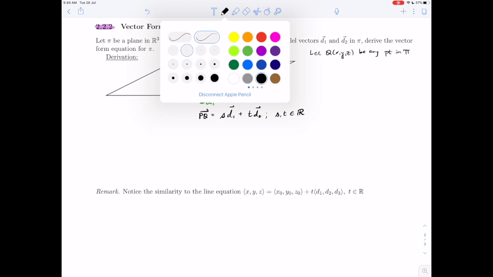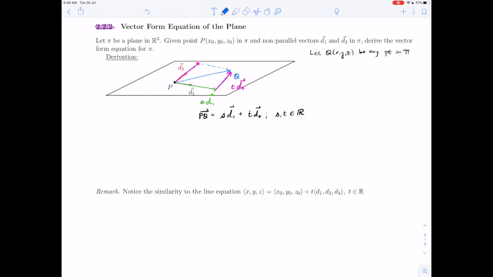Now, remember, this is just a sketch, but we do have an origin somewhere, so let me just add it here, reminding ourselves that P and Q have positions. PQ is OQ minus OP, and that obviously is still s times d1 plus t times d2.